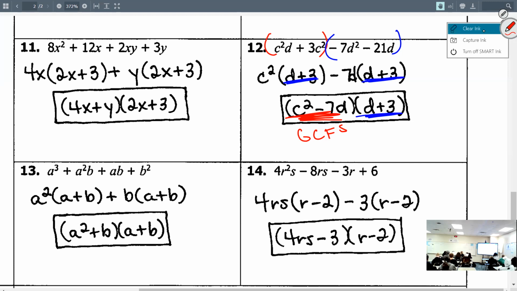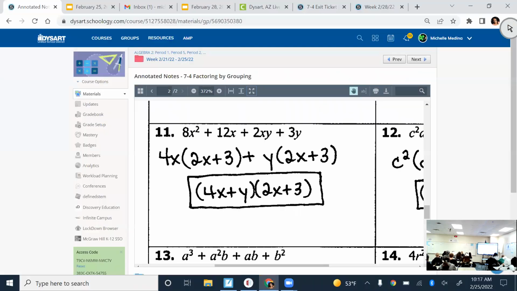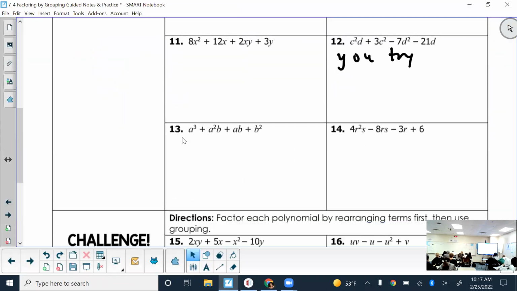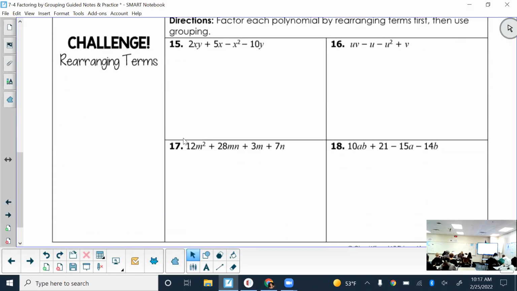All right, we're almost done. But the other thing that I need to show you is that the similar terms aren't always set up next to each other. So we're going to look at the bottom where it says rearranging terms. All right, so again, if you're factoring by grouping, you need to have similar terms.